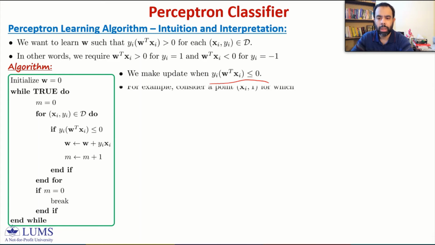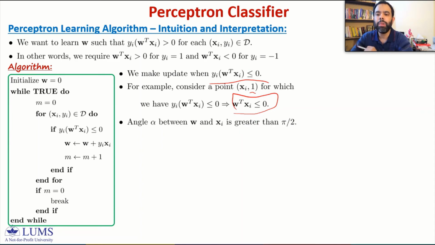For example, consider a point xi for which we have misclassification, so that the label associated with xi is 1. yi W transpose xi less than or equal to 0 means W transpose xi is less than or equal to 0. Geometrically, it means the angle between W and xi is greater than pi by 2.